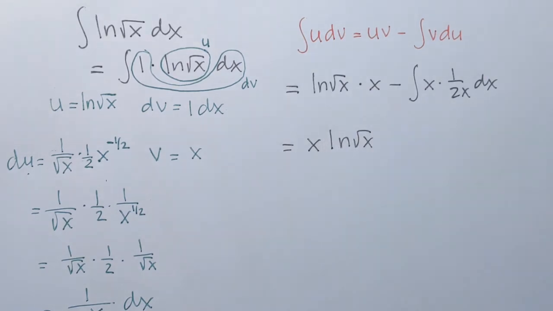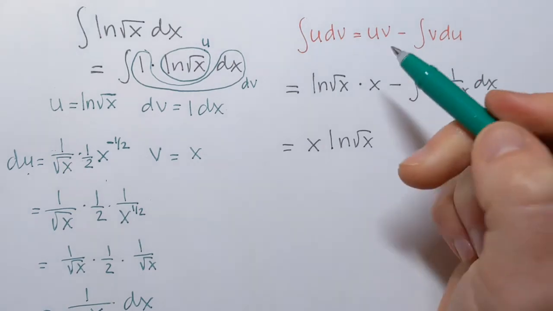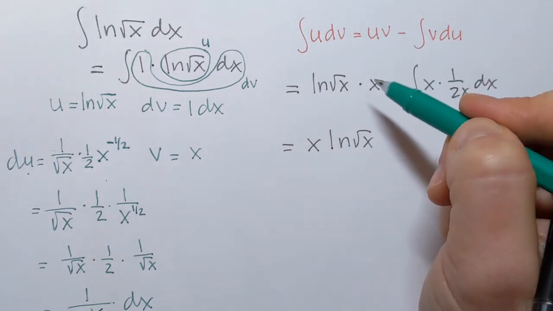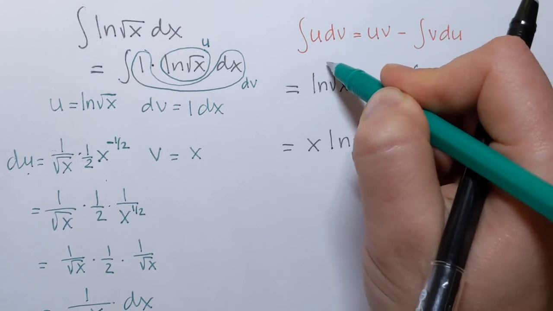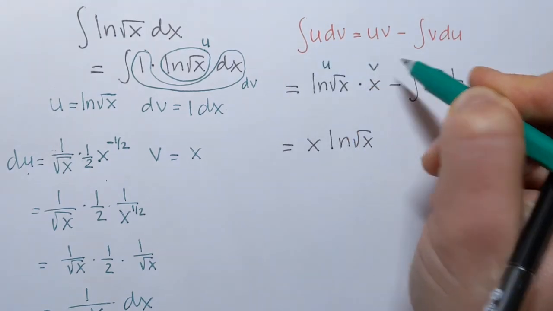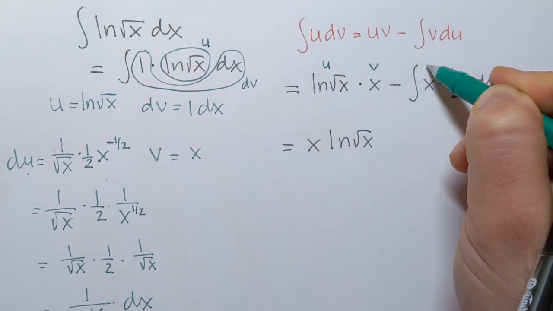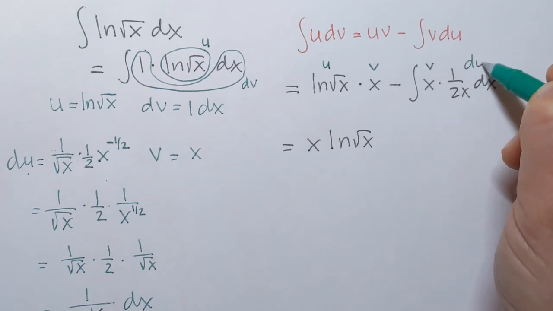That's this part. By the way, just to remind us, that's how we followed the formula. ln of square root of x was u, that was v. Now here x is v, and that's du.